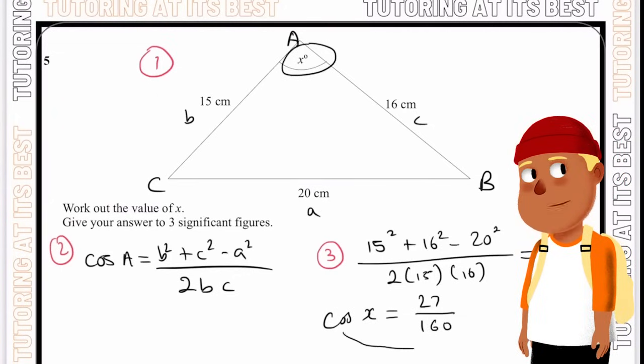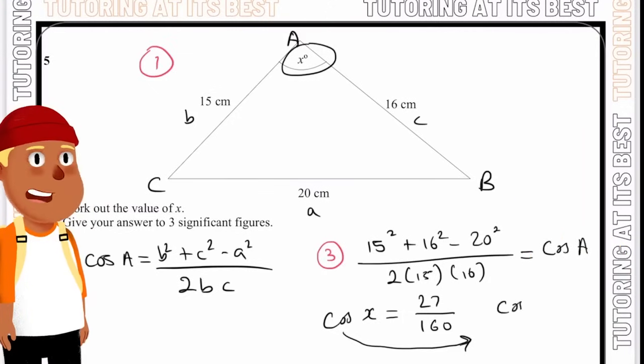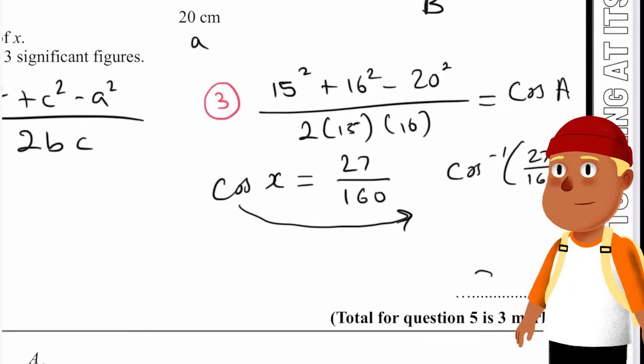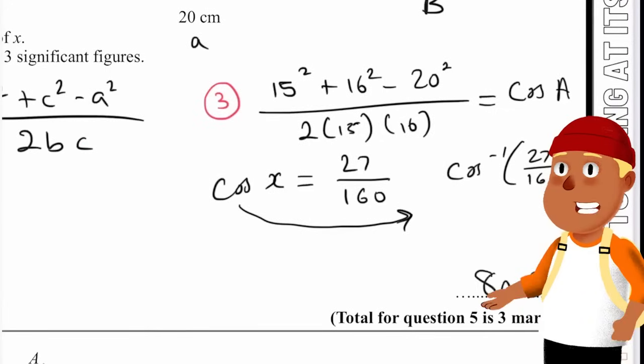And then if we take the cos over, we then need to write the inverse. We then need to write cos inverse, following through with our 27 over 160, and we should be left with 80.3, again to 3 significant figures.